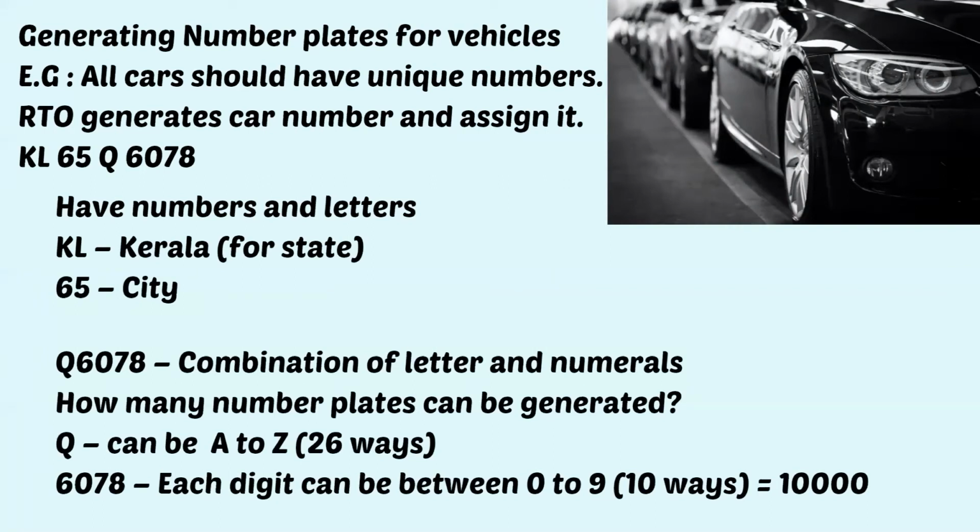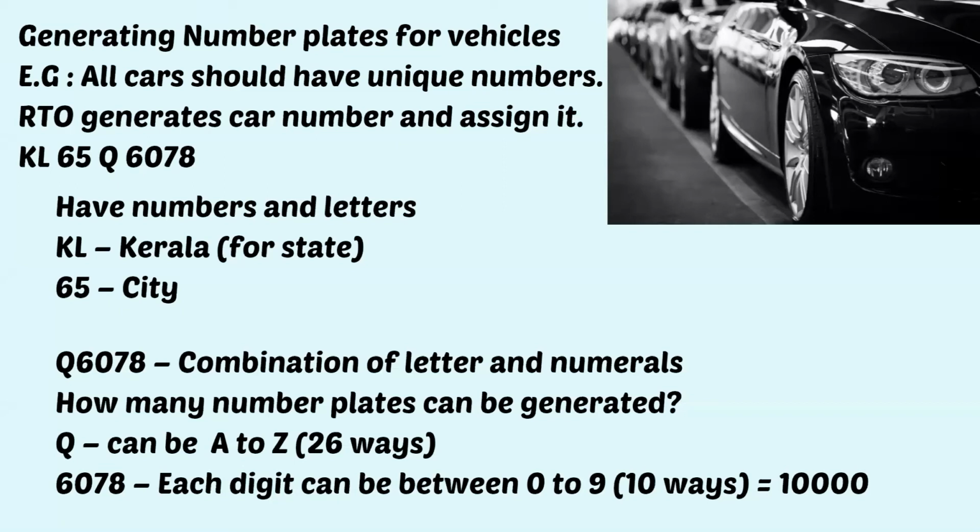Now we have to find out how many number plates can be generated. So we'll have a look at how many possible combinations there will be. For Q, it can be from A to Z, which we know is 26.